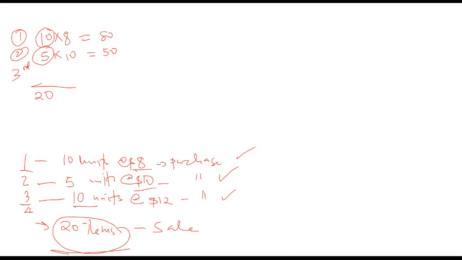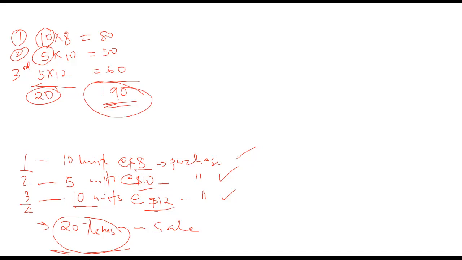Their cost is 12, don't forget. So it'll be 5 times 12 to give 60. Therefore, the total cost of the 20 items sold on the fourth day is the sum of 80 plus 50 plus 60, which gives 190. Therefore, the cost of the items sold on the fourth day is $190.